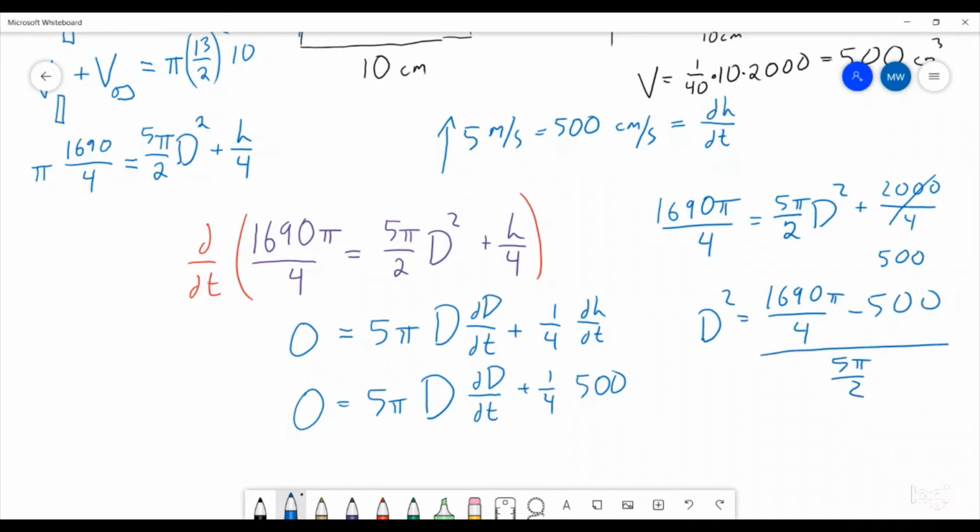So D squared is about, let me pull up a calculator and figure this out, because I'm not going to want to do this exactly. We're just carrying approximate.